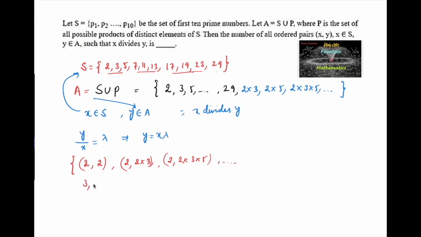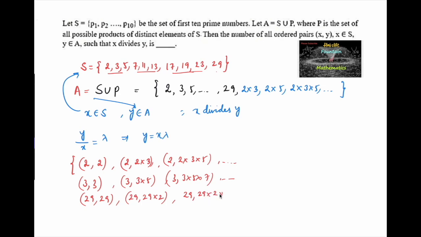Similarly, I can take 3 comma 3, 3 comma 3 into 5, any number of multiples like 3 into 3 into 5 into 7 and so on. Similarly for 29, I can choose 29 comma 29, or 29 comma 29 into 2, 29 comma 29 into 2 into 3 and so on.